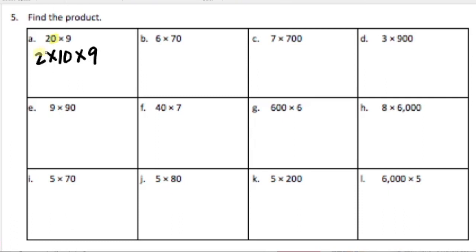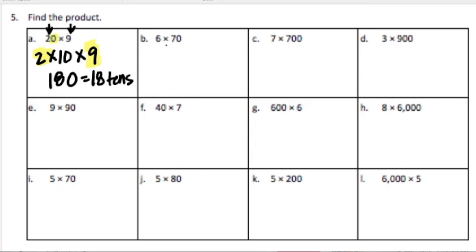I know that 9 times 2 is 18. So this answer will be 180, or 18 tens, right? 2 times 9 with that 1 0.